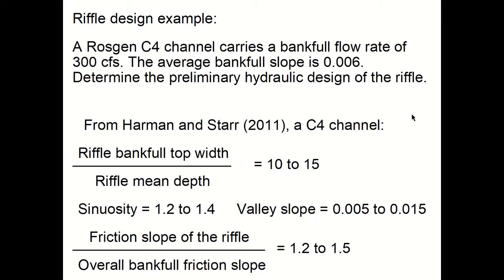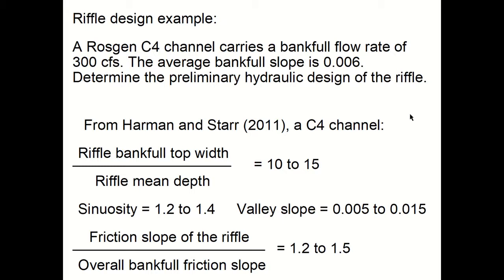From that reference from Harman and Starr, we can get design parameters for a C4 channel. The Riffle bankful top width divided by the Riffle mean depth is in the range from 10 to 15. The sinuosity is in the range from 1.2 to 1.4, and the valley slope is equal to 0.005 to 0.015.